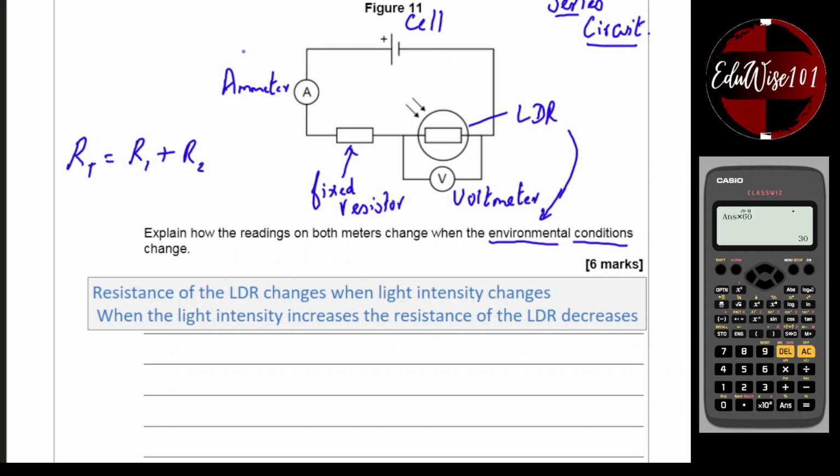Reason, the potential difference from the cell is not actually changed, right? So V equals IR, this equation. If you don't change this, in order to maintain the same potential difference, if the resistance drops, the current should increase to maintain the potential difference. So how do we write that bullet point?